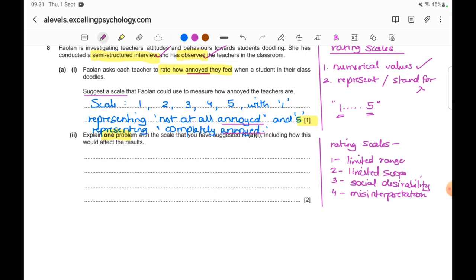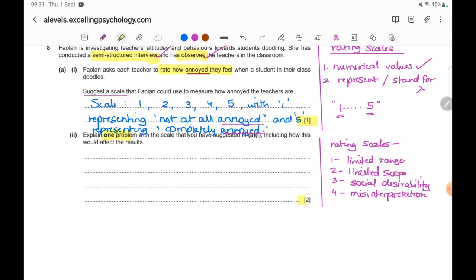So when we are saying not at all annoyed, what do we mean by that? Like, it does not bother them at all, or even mild annoyance can be indicated with 1. And when we are saying completely annoyed, does it mean very, very extremely annoyed, or to a moderate degree? Even the in-between numbers could be confusing for teachers. So what does 2 mean, or 3 mean, 4 mean? Okay, so those kinds of misinterpretation.